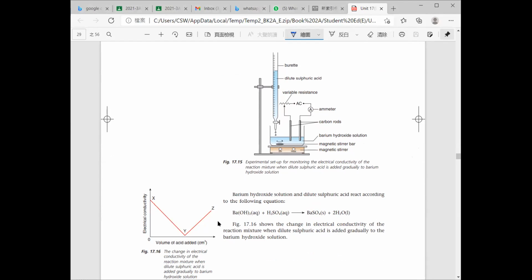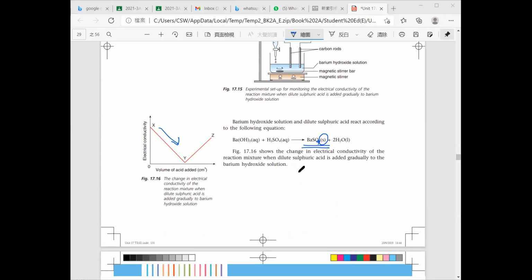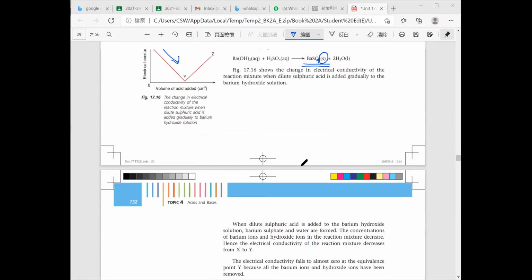Can you spot it from the equation? What makes the difference in the electrical conductivity? Can you see the word? We've got the precipitate of barium sulfate that may be formed. The more the barium sulfate is formed, the lower the electrical conductivity will be, right? So you may see there is a trend like this.